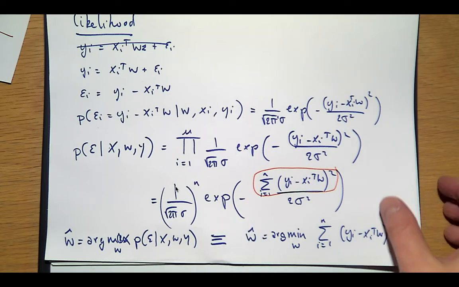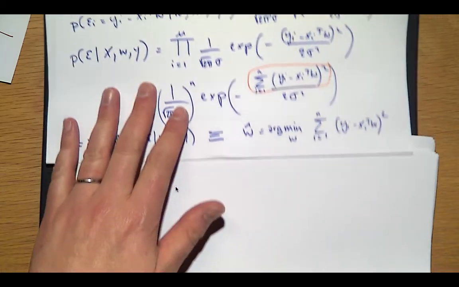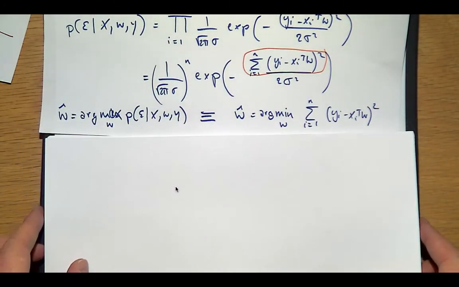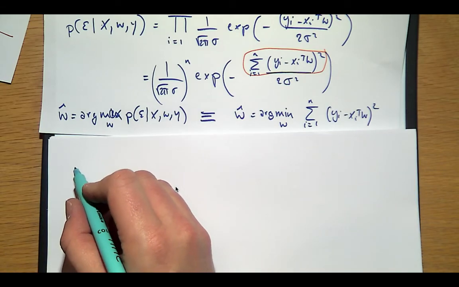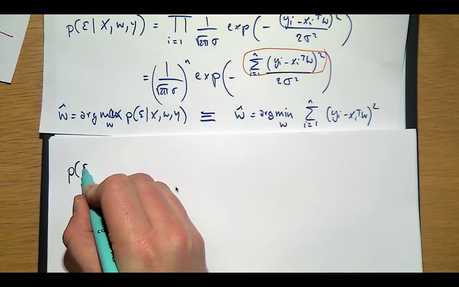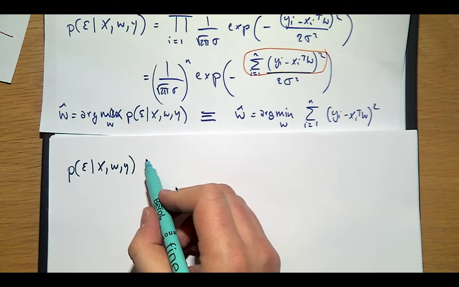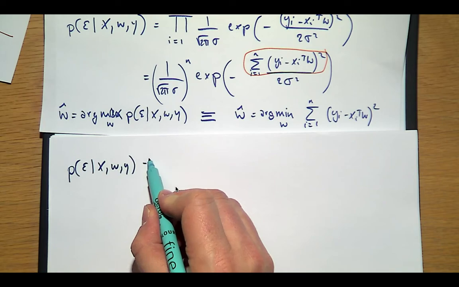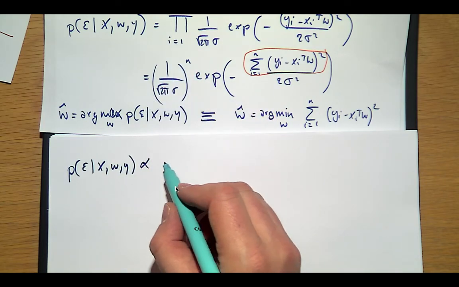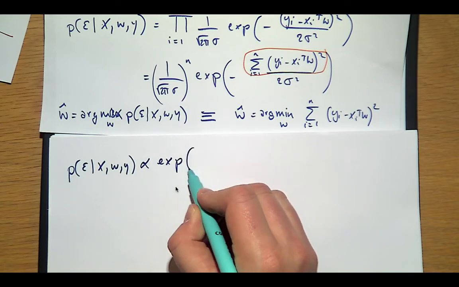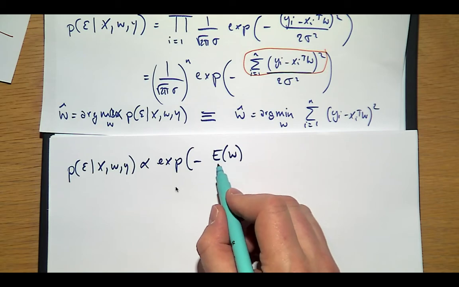So, yeah, the key reason why this is happening is that you have basically the likelihood, which is proportional, because that term here doesn't really matter, doesn't change anything, to exponential minus your energy, your loss function here.